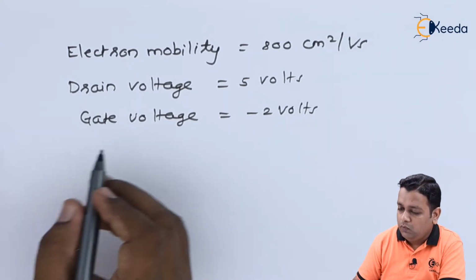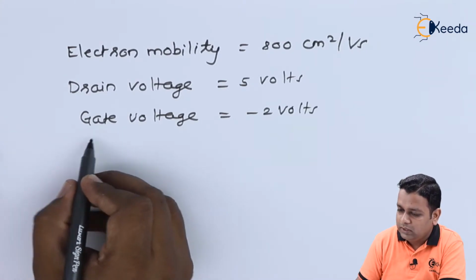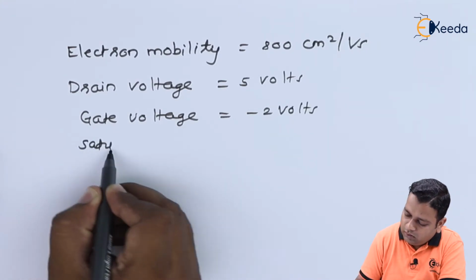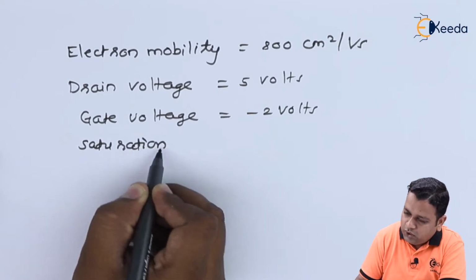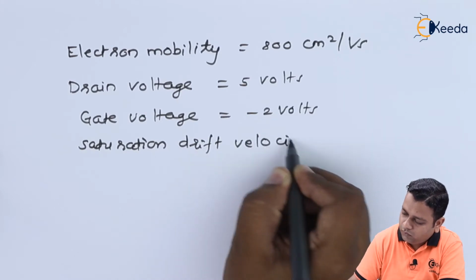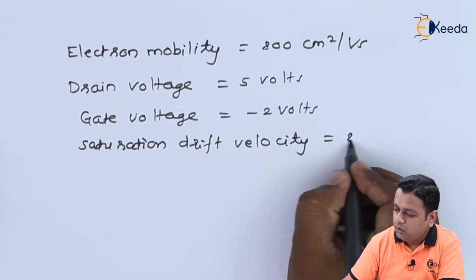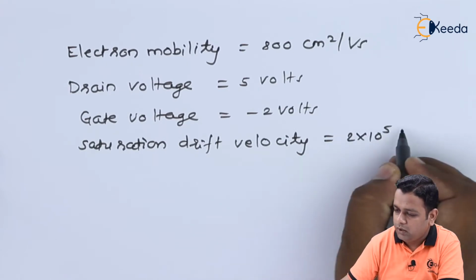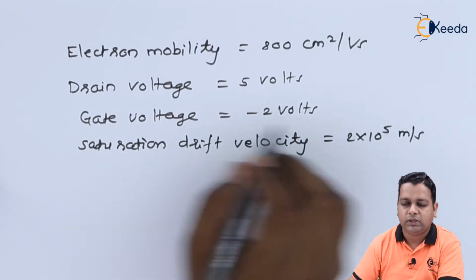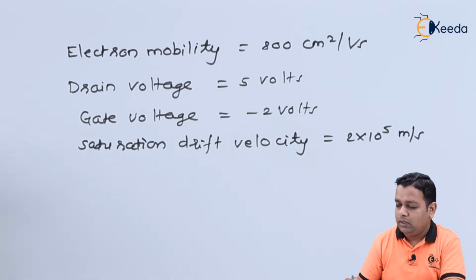And lastly, we are provided with a velocity denoted as Vs. It is nothing but the saturation drift velocity. So saturation drift velocity Vs is equal to 2 into 10 raised to power 5 meters per second. With these given details, we shall be finding the answers for part A to part D here.